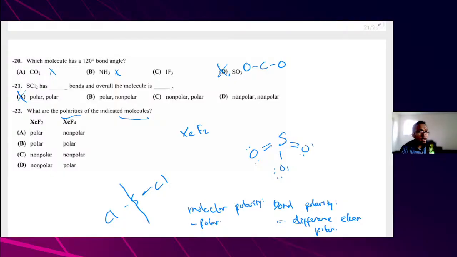Xe is xenon, right? So kind of like this one maybe. And then how about the XeF2? It might be like Xe, this one, and then this one. So it has three lone pairs, right? And F and then F.